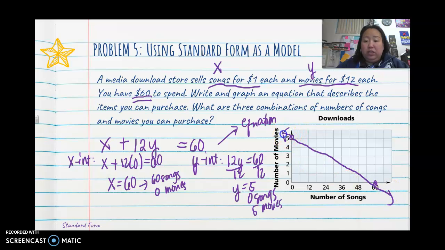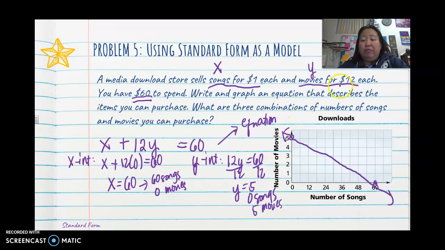But what you will notice is that, what if you just buy one song? If you get one movie, how many songs can you buy? Things like that. So that's another option that you can do.